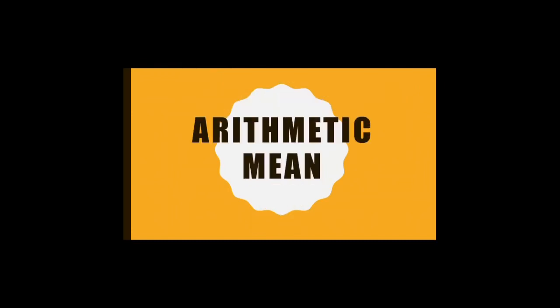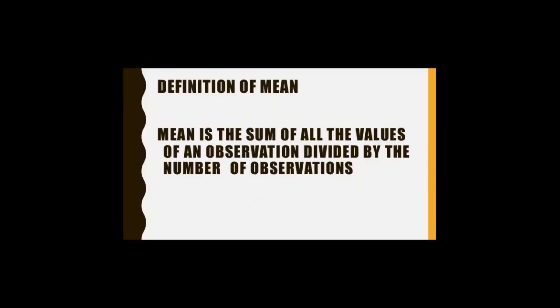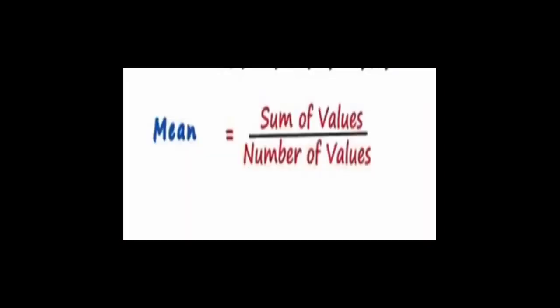First of all, let us discuss about arithmetic mean, which we commonly call average. Definition of mean. Mean is the sum of all the values of an observation divided by the number of observations. Mean is the sum of values upon number of values.